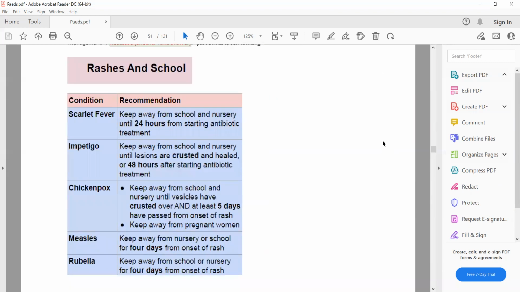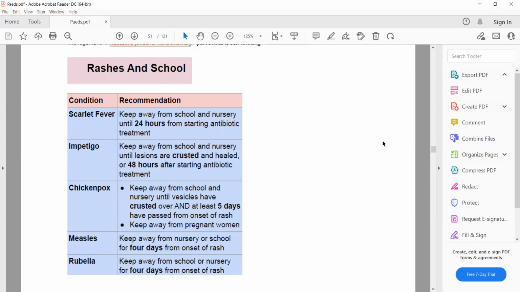Now, rashes and school, scarlet fever. Keep away from school and nursery until 24 hours from starting antibiotic treatment. So, a person with scarlet fever can join the school 24 hours after starting the antibiotic.